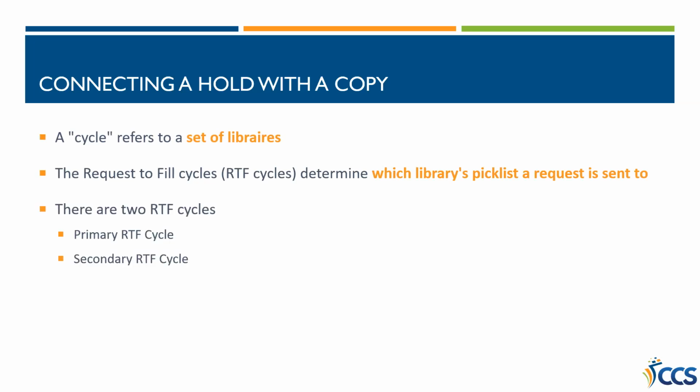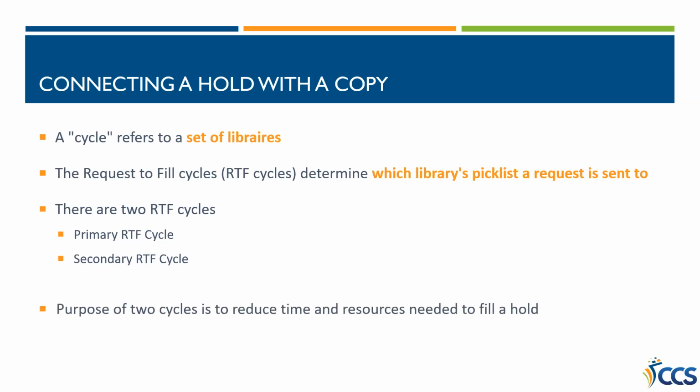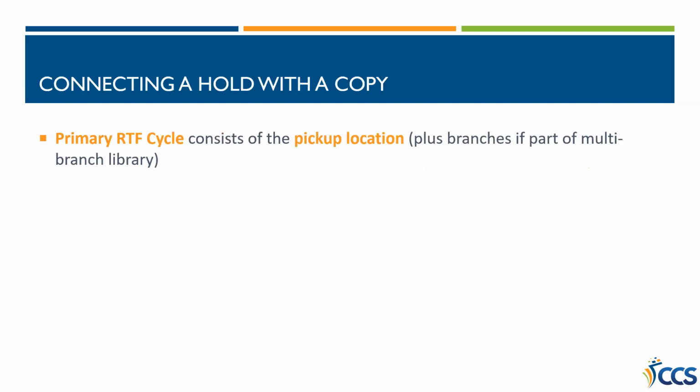And as you can likely tell from those hold request history entries we just looked at, there are two request to fill, or RTF, cycles, a primary cycle and a secondary cycle. There's a really important purpose behind having two cycles, which is to reduce time and resources used when filling a hold. So let's look at these two cycles.